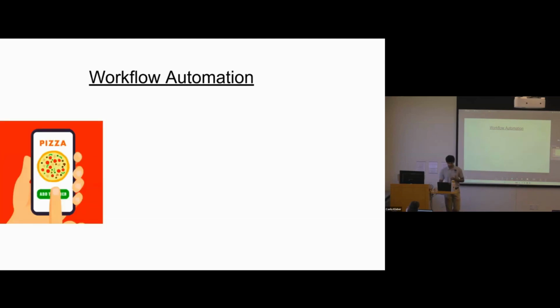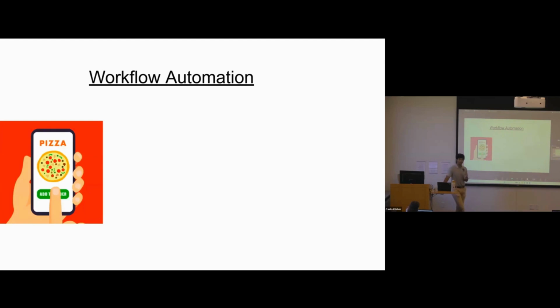So let's first talk about what workflow automation even means. This is something that's been around for decades. Essentially, any process that has repeatable steps that are boring, repetitive, but can be automated represents workflow automation, right? To make that a little clearer, let me give you an example.